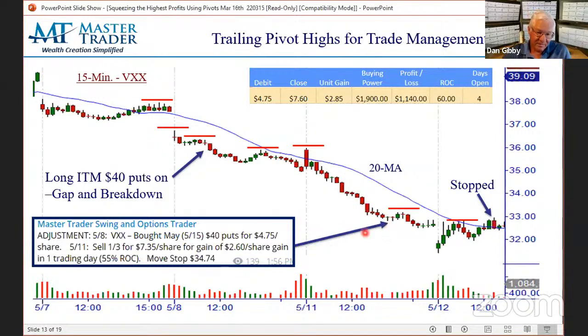Now, me personally, I'm kind of tighter. Would I be taking my full profits here? Without a doubt. It gapped down the next day. That's still our stop. Rallied, stalled at resistance, came in. We stopped out. And look at this, we booked a 60% return on capital of buying this put for our subscribers.